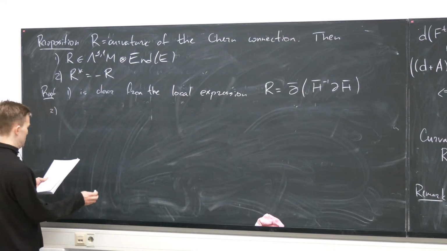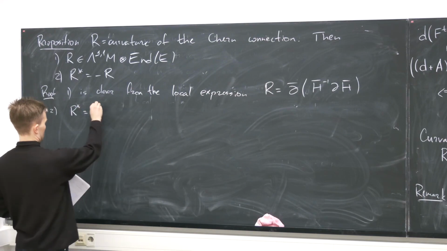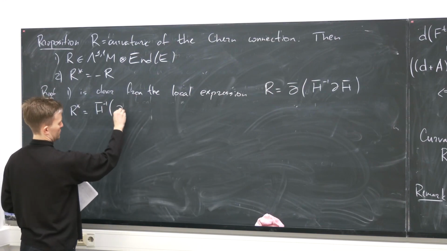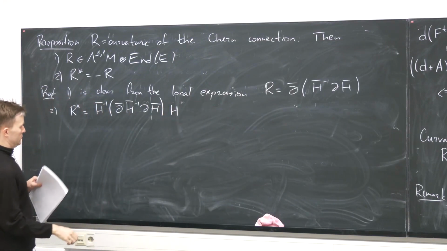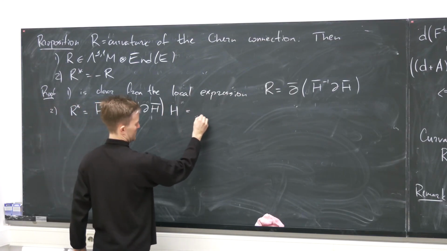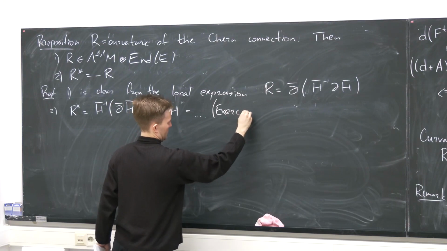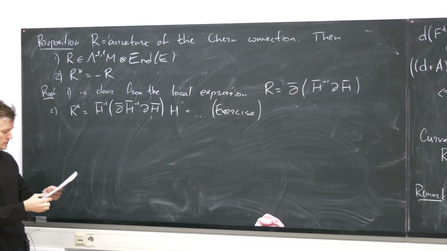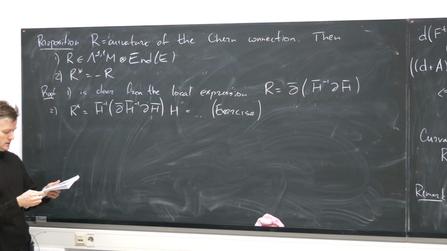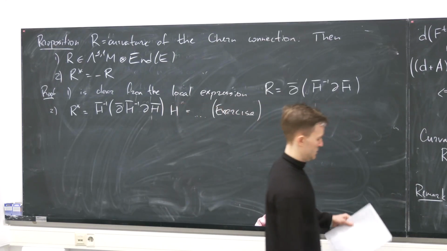But then you have to check that if you look at this expression, you will get a minus R, and let me leave it as an exercise, because it's just a long computation and in the end you arrive at this identity.